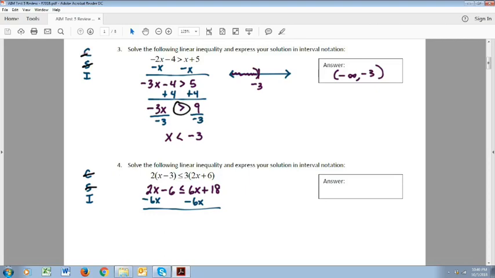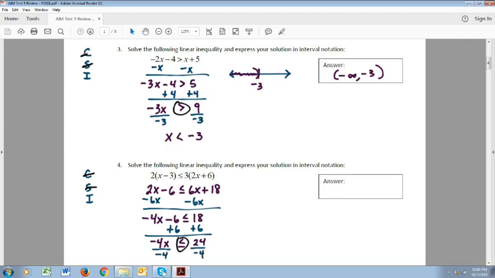I want to keep my x on the left. And so we get -4x minus 6 is less than or equal to 18. And again, we're at a two-step inequality here. We're going to want to add 6 to both sides. And we get -4x is less than or equal to 24. And let's divide by -4.